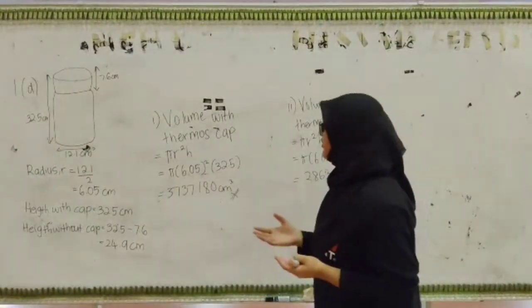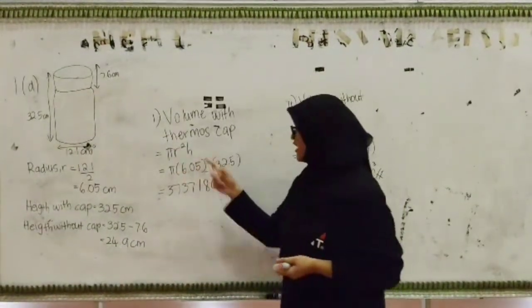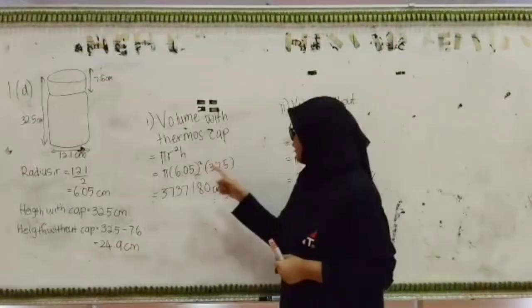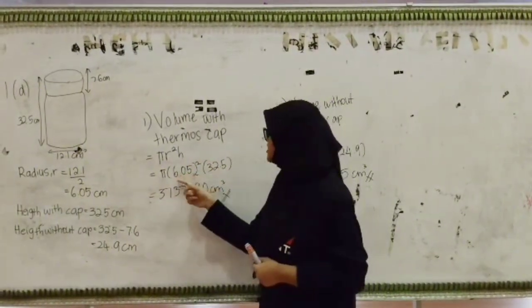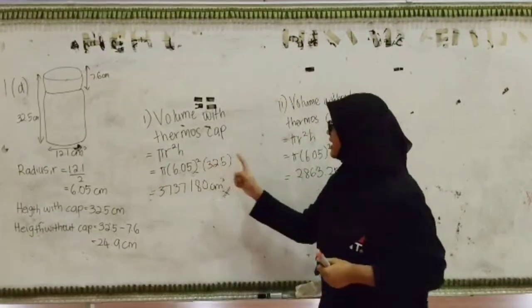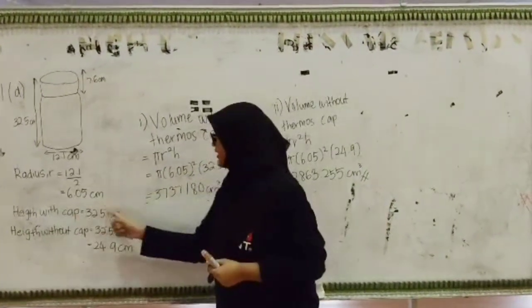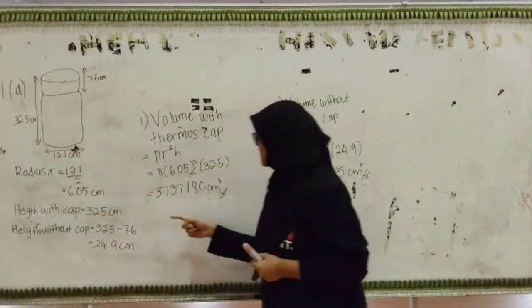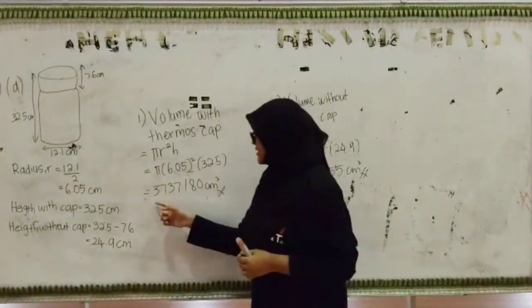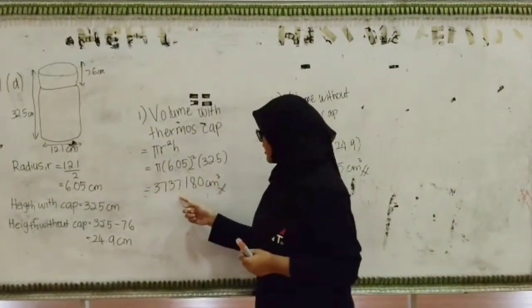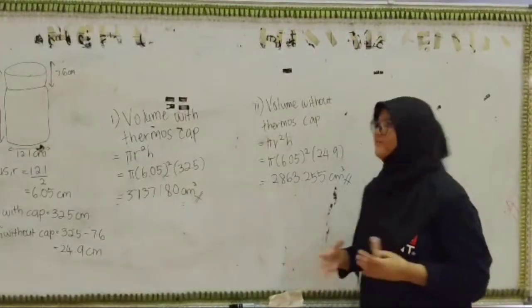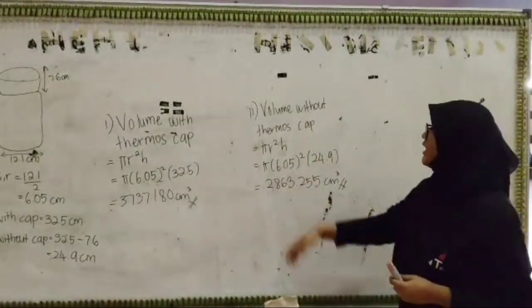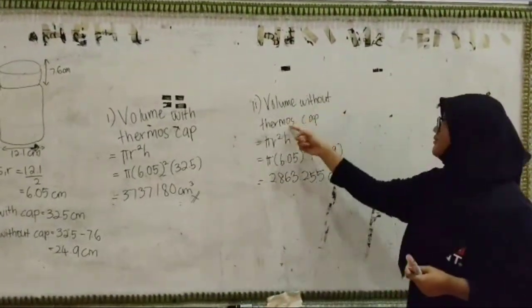The volume formula is pi r squared h, which is the cylinder formula, and we need to substitute the value of r, which is 6.05 squared, times the height with the cap, which is 32.5 cm, and we get 3,737.18 centimeter cube.